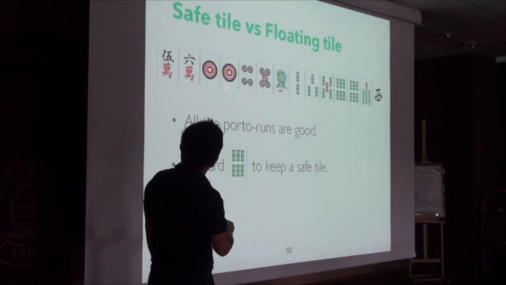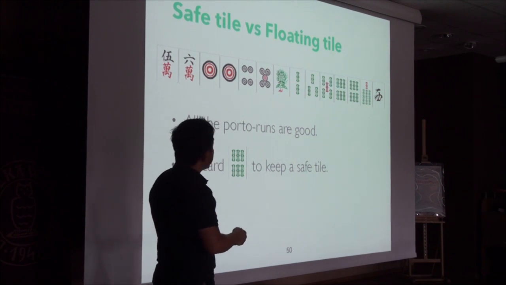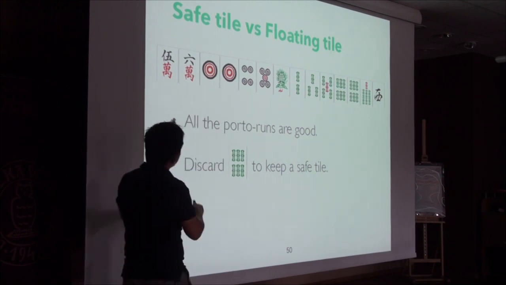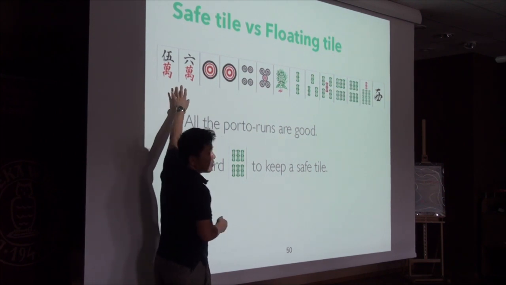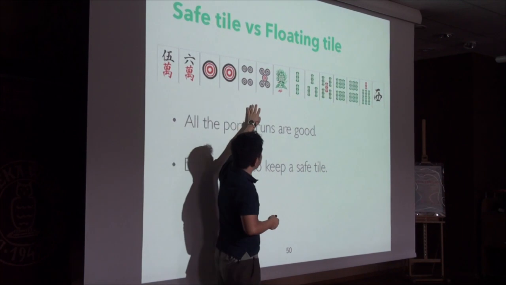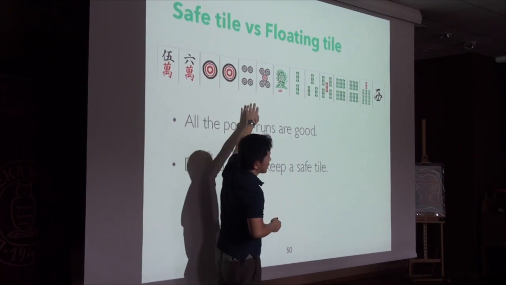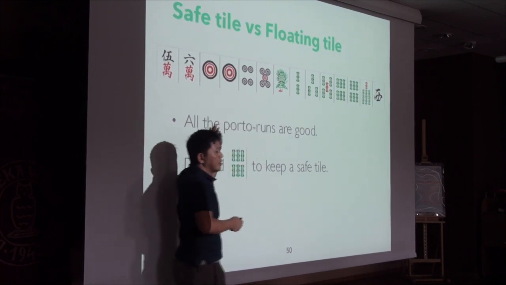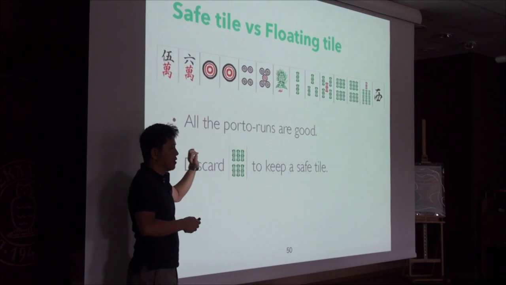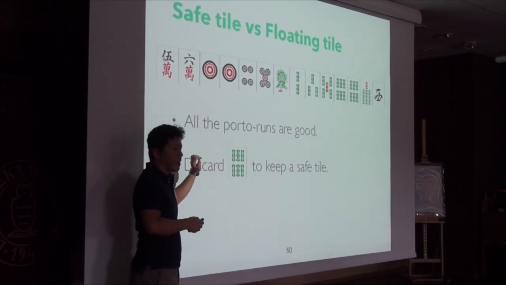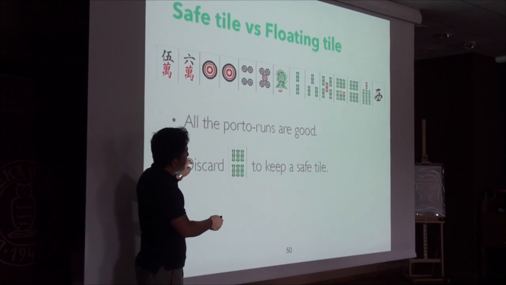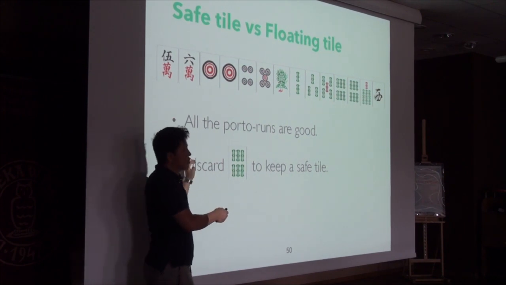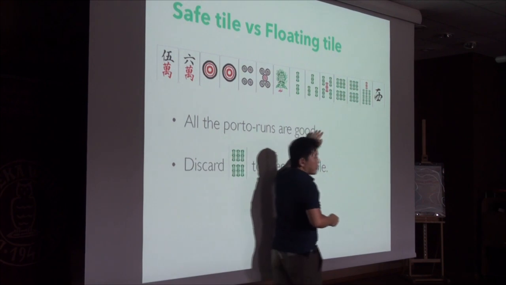Right. So here we have exactly 5 blocks. 1, 2, 3, 4, 5. And all the protrans are good, right? Both of the protrans are sideways. So we don't need an extra block, right? Then we can discard 6 bamboo, which is a supporting tile.